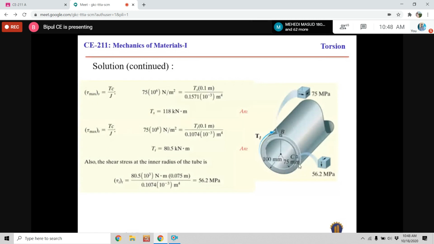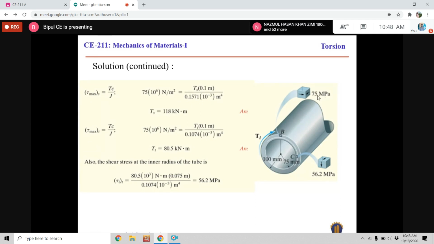Here we have to draw a stress block at point C, that means at the inner surface. At the outer surface, the stress is the maximum, similar to the strength of the material. But at the inner surface, it will not be similar to this one. Understand?